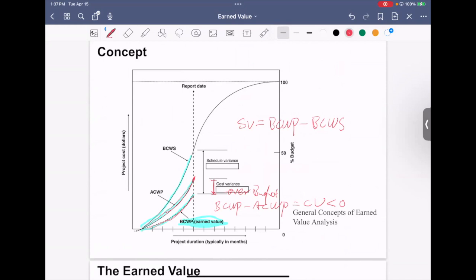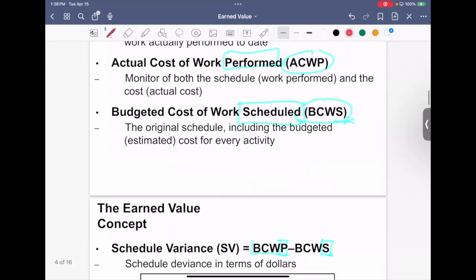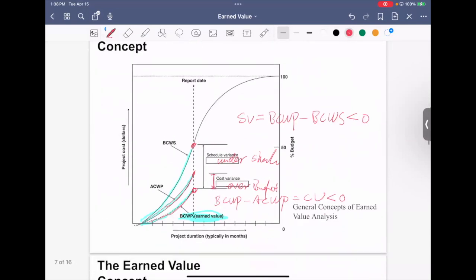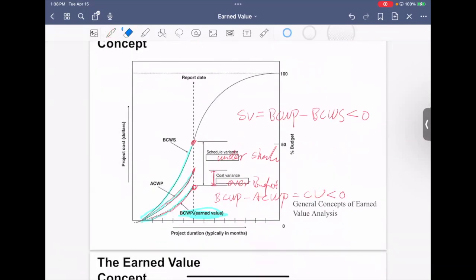So then we have the BCWS, and here BCWP is less than 0 as well, right? Then our project is under schedule, or we call it later. So behind the schedule, okay?